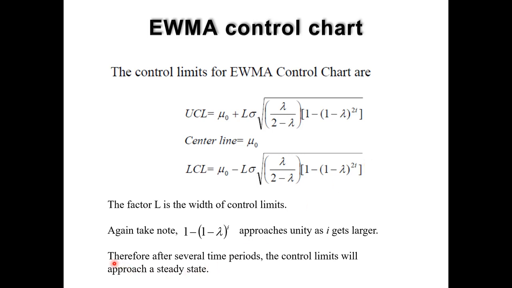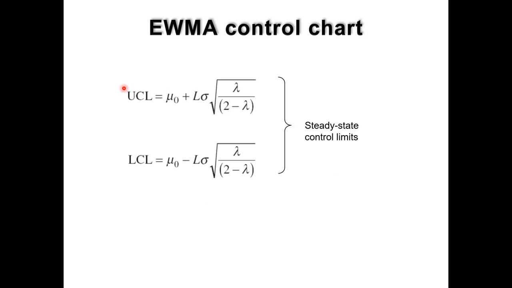Therefore, after several periods of time, the control limit will approach a steady state. What does steady state mean? It means that towards the end of the data set, your upper and lower control limit will become a straight line, in general. The point where it actually becomes a straight line is what we call the steady state control limits.